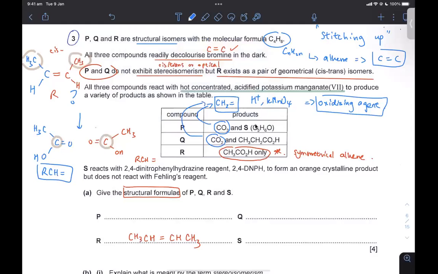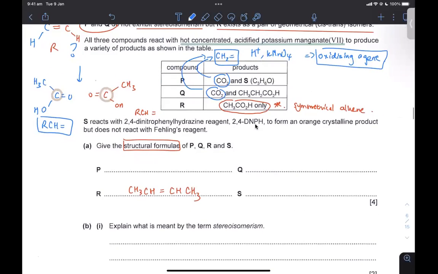Anyway, so P will give you CO2 and C3H6O. Now, S reacts with 2,4-DNPH and you get an orange crystalline product. It does not react with Fehling's, which is the test for aldehyde. So it does not have an aldehyde, but it has a carbonyl.